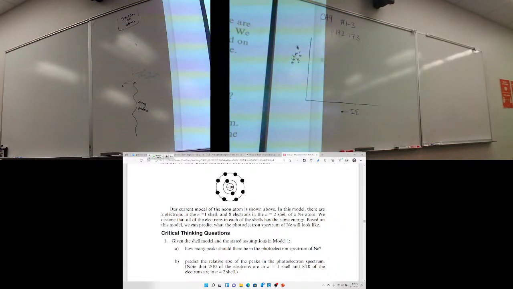The smaller peak is the higher energy because... Well, I would say the smaller peak corresponds to the two inner electrons, right? Because that's why it's smaller, there's two. And the inner electrons are higher energy because they're closer to the nucleus. Correct.